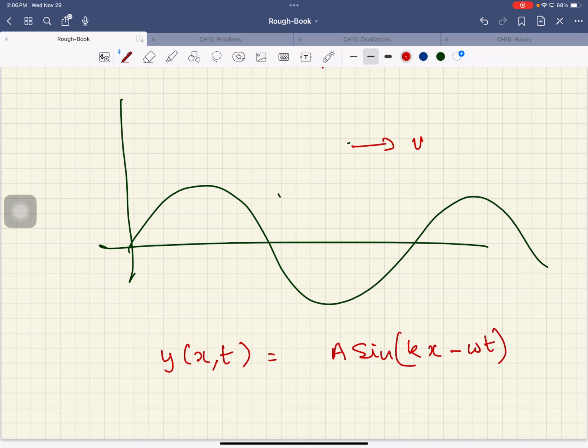Okay, now I forget, so remind me please, what is A? Amplitude. What is k? What is it related to? To the wavelength. So it's the wave number. What is omega? The angular frequency. So it's related to the frequency. Okay, so you know all those terms. This is the wave traveling to the right.